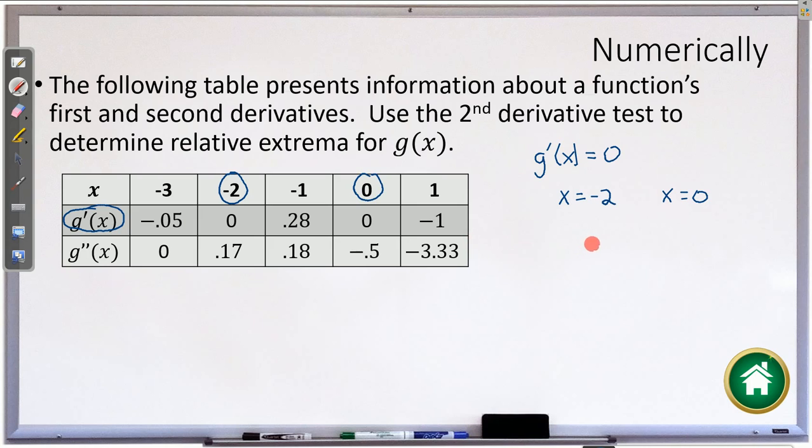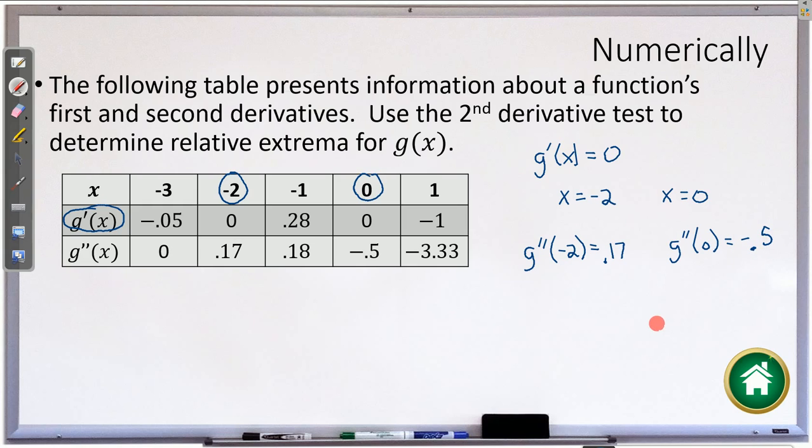Alright, what did we do then after that? Well, we took those two values and we plugged them into the second derivative. So if we plug in negative 2 into the second derivative, we get 0.17. And if we plug in 0 into the second derivative, we get negative 0.5.